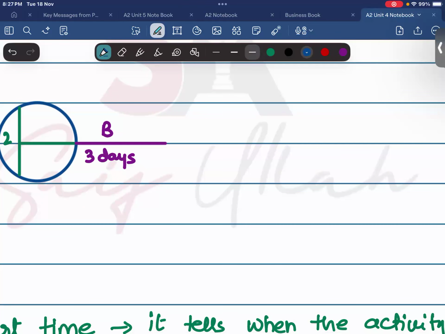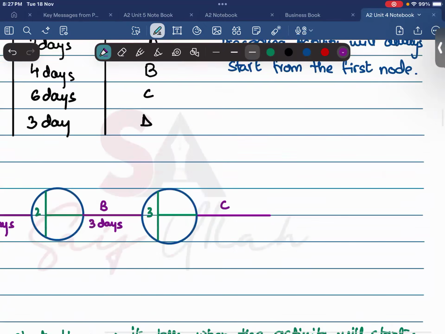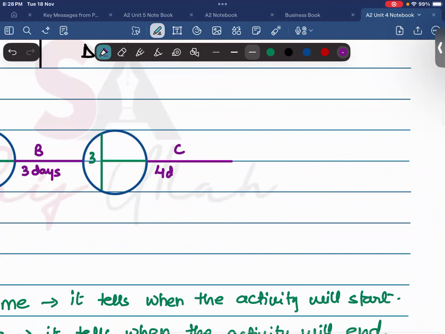So here is an ending node of this activity B. So your node number 3. And from here, we're going to start activity C that has a duration of 4 days.